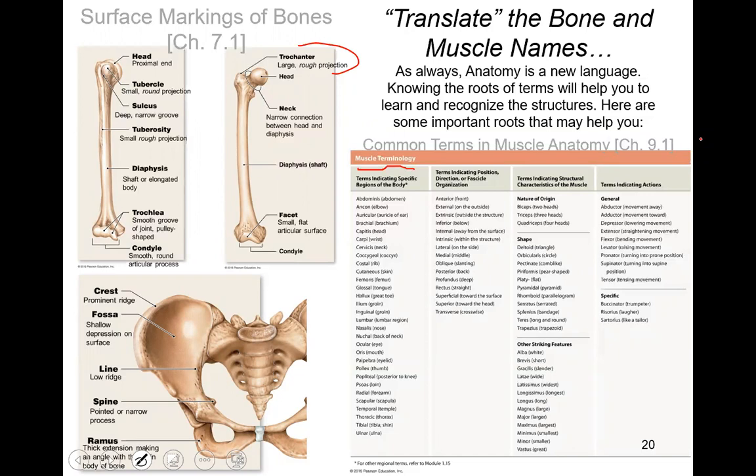On the femur, which we're going to talk about today, we have trochanters, large, rough projections. Trochanters are similar but different to other terms such as tubercles, which are small, round projections, which is similar and different still to tuberosities.